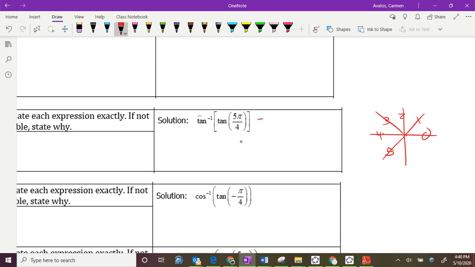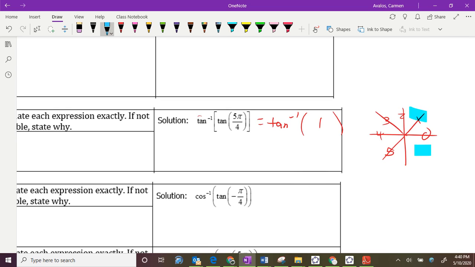So what you do here is you do the tangent inverse. And then we know that that's going to be 1 because it's a 45-degree angle for tangent in the third quadrant. That is true. When I take the tangent inverse of that, because now the inverse is restricted between quadrants, it's restricted in this quadrant and in this quadrant, this no longer is in quadrant 3. Now it's in quadrant 4.